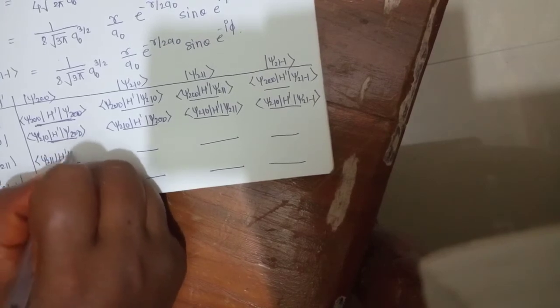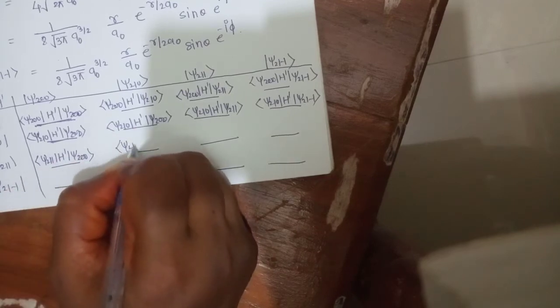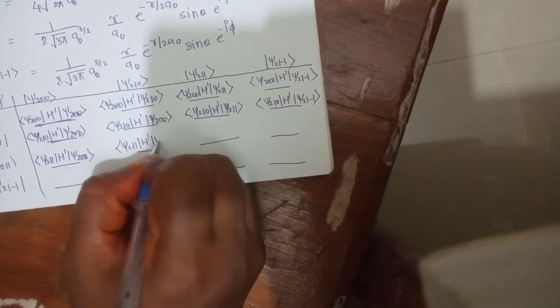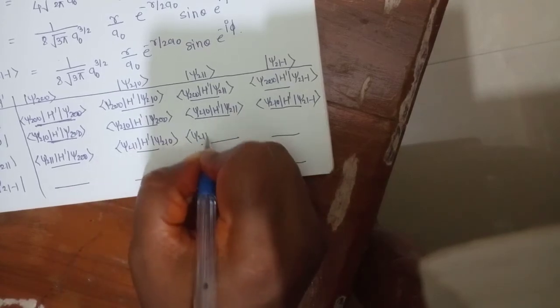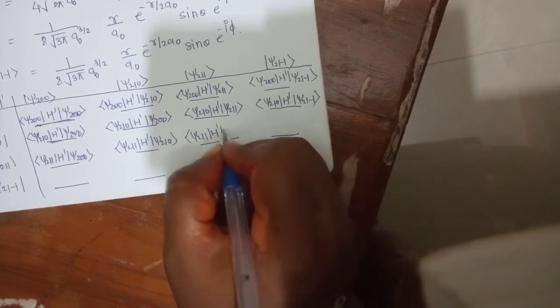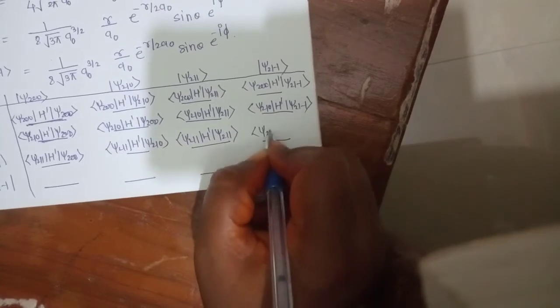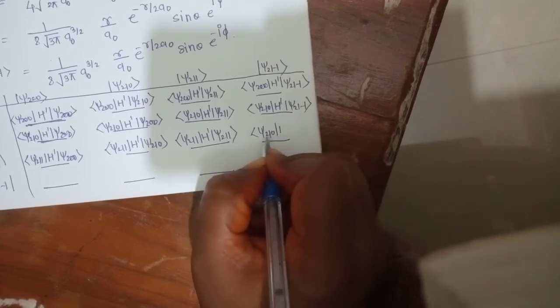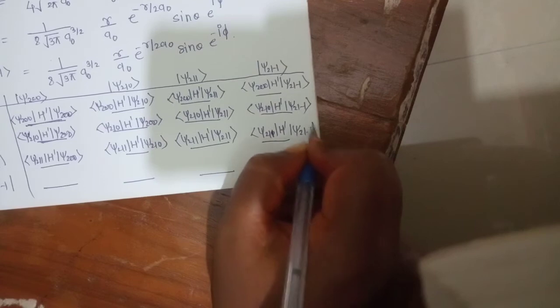H prime psi 200, again psi 211, H prime psi 210, psi 211, H prime, psi 21 minus 1.